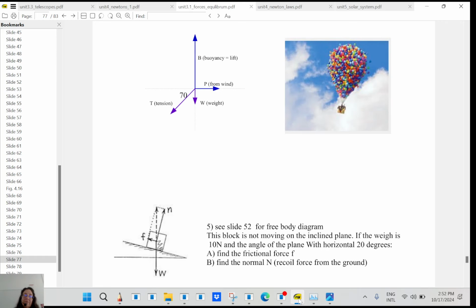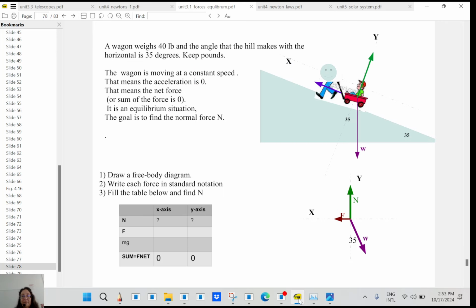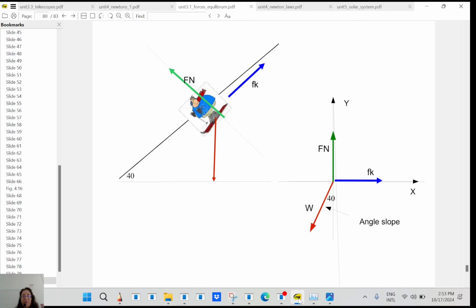Okay, and then I'm gonna leave that for the homework. Okay, so for example, this one we already have done it, but now if you introduce friction, if you introduce kinetic friction, what are the forces acting on the man? You have the weight is always straight down.